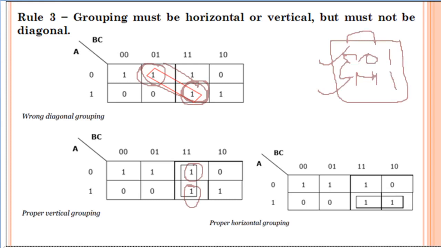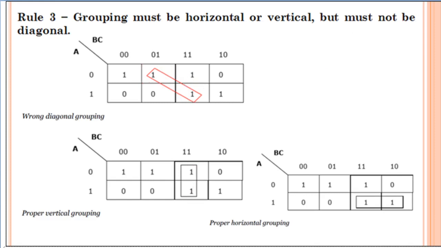That's why these two terms cannot be grouped. We have to remember only one thing, that the grouping of the terms will be either horizontal or vertical, not diagonal.